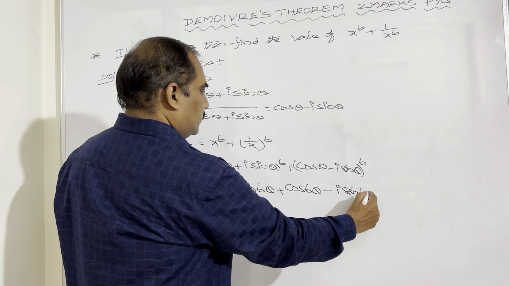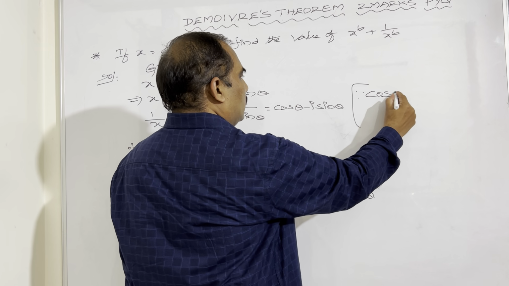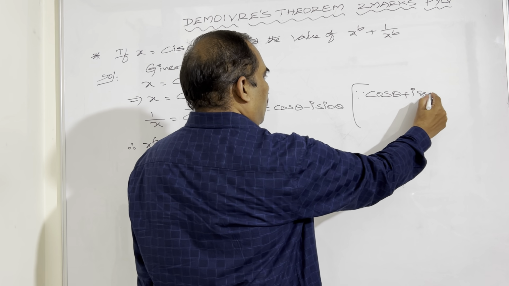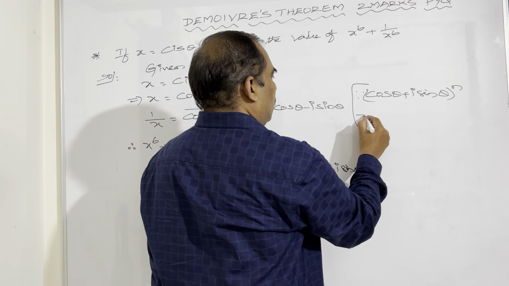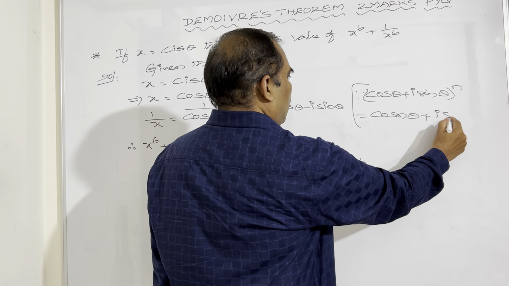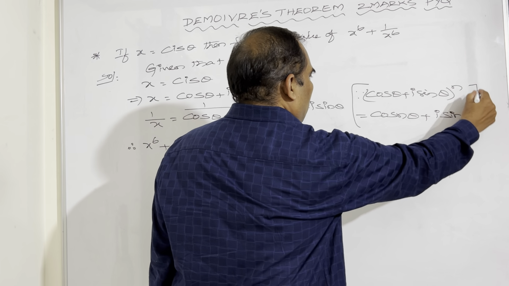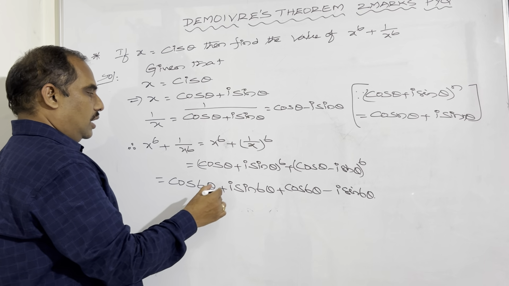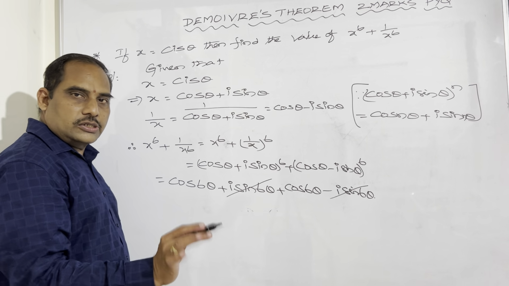We know that De Moivre's theorem is (cos theta plus i sin theta) whole to the power of n, which becomes cos n theta plus i sin n theta. So that's why here, plus i sin 6 theta minus i sin 6 theta gets cancelled.